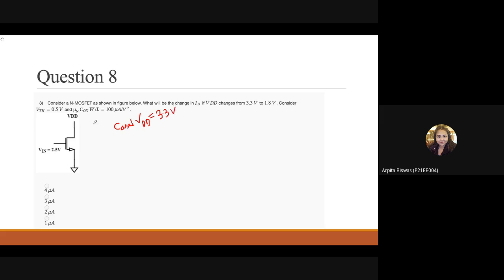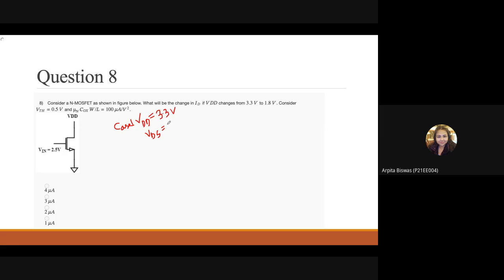Now tell me, if VDD is equal to 3.3, then VDA is equal to what? Is there any voltage? No, 0. Yes. So VDS is also equal to 3.3, right?